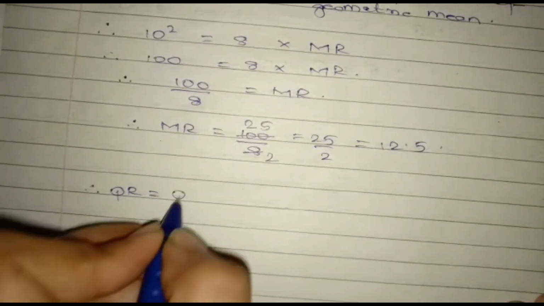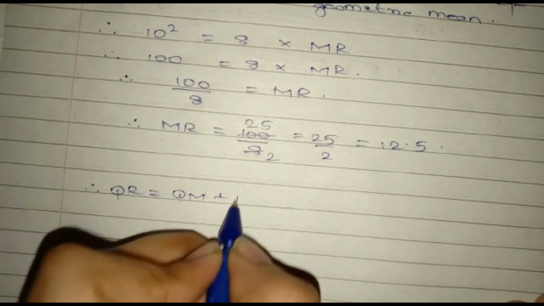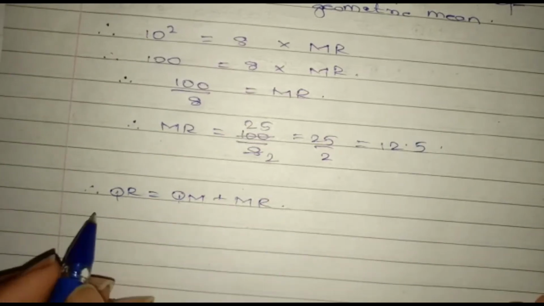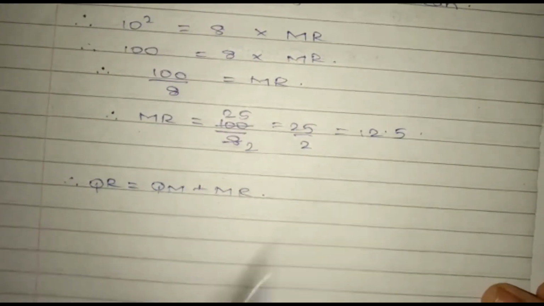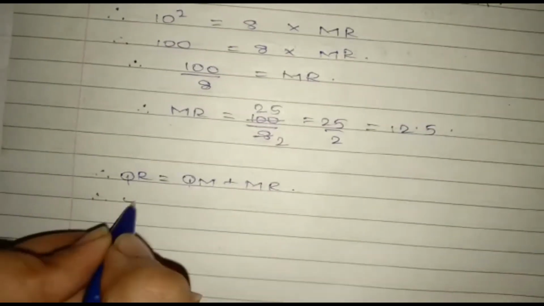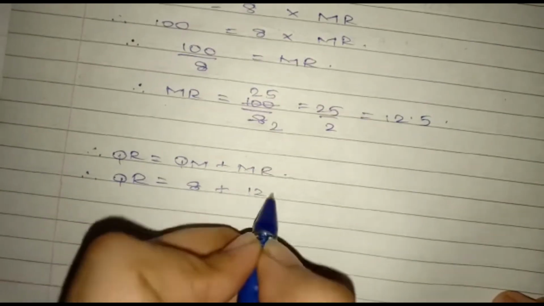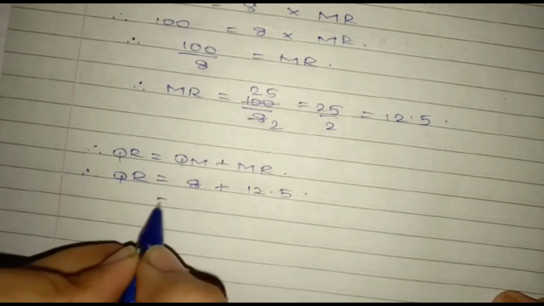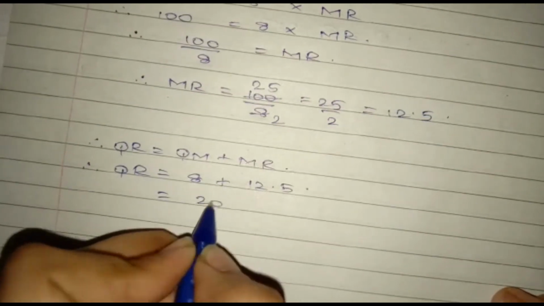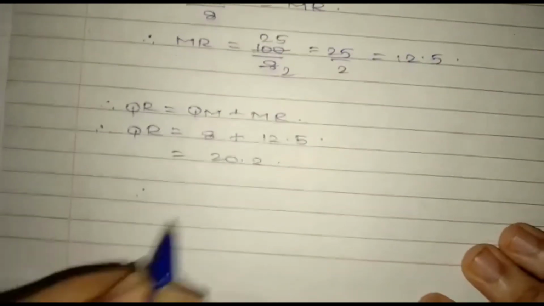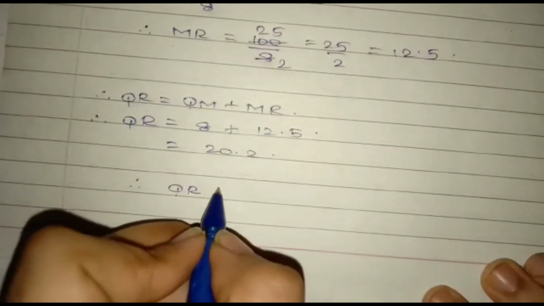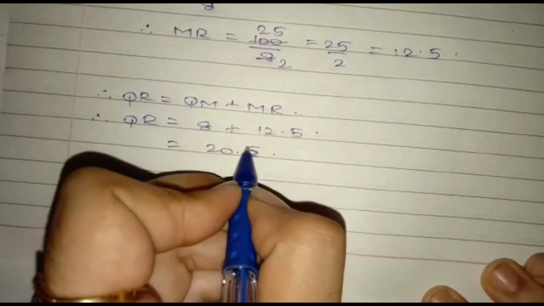So we have QM given and we have found out MR. Therefore QR is equal to QM is 8 plus MR is 12.5. So 8 plus 12.5 is 20.5. Therefore QR is equal to 20.5.